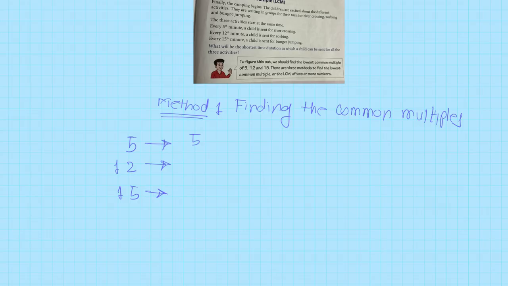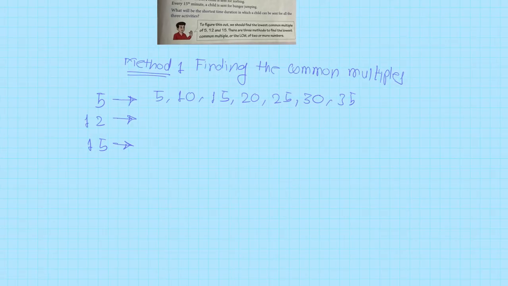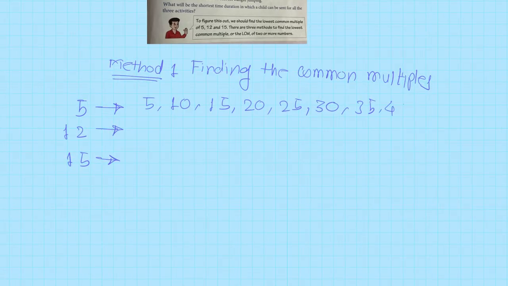5's table is: 5 ones are 5, 5 twos are 10, 5 threes are 15, 20, 25, 30, 35. We'll keep writing 40, 45, 50.